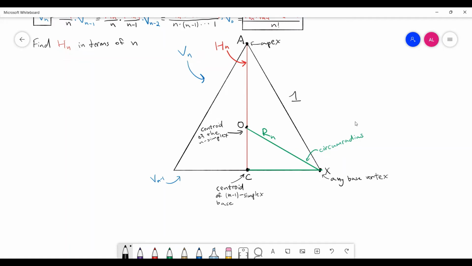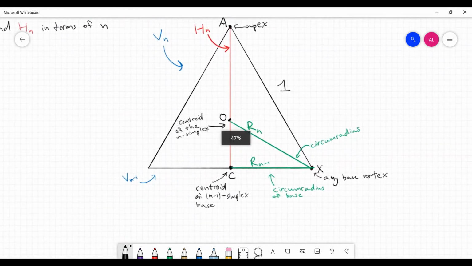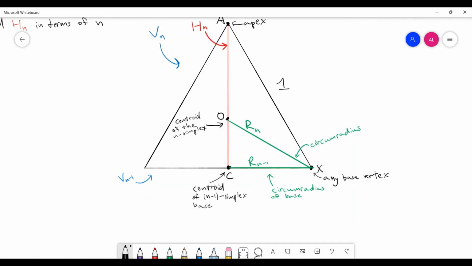So this is in effect the radius of the hypersphere, I guess that's how you would call it, of the simplex that we are talking about. And then the distance from C to X is also the circumradius, but this time it's of the n-1 simplex base. And so this is Rn-1.